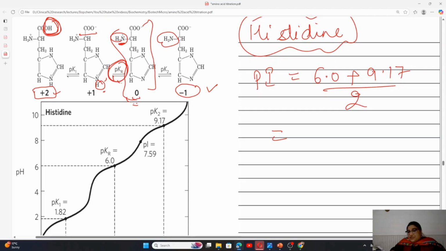Again, let's do the calculation: 15.17 divided by 2, so the pI comes out to be 7.59. So this is the value of pI, and this is how we can calculate the isoelectric pH.